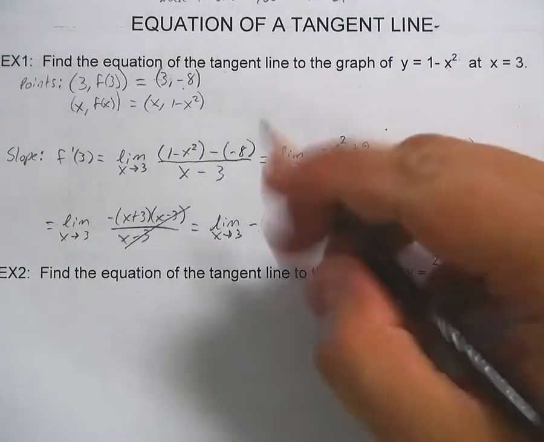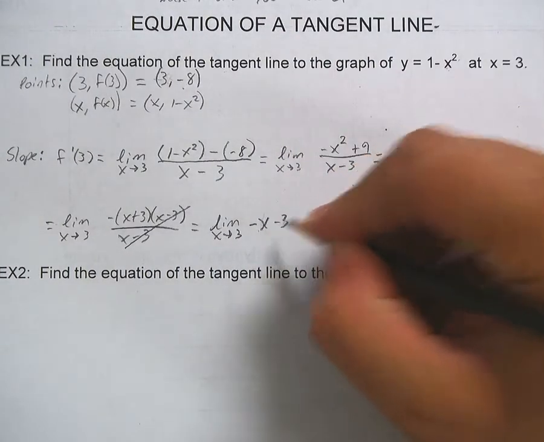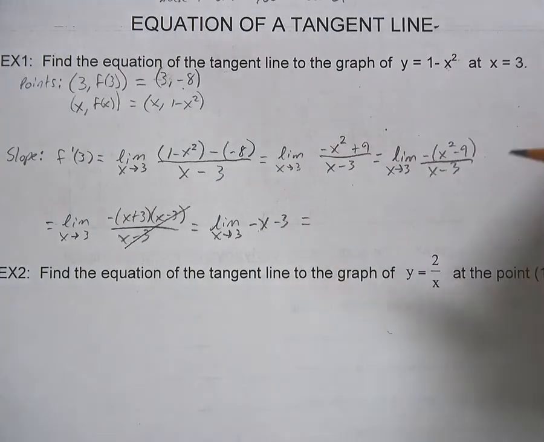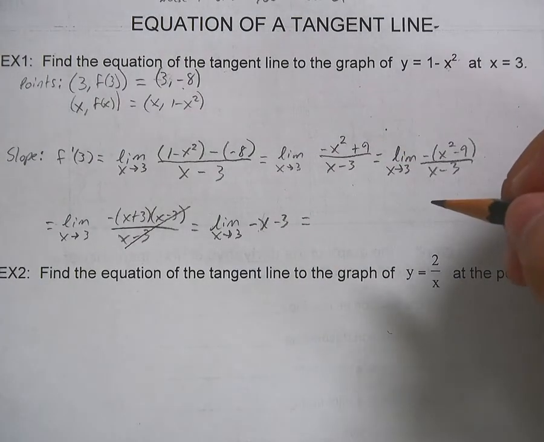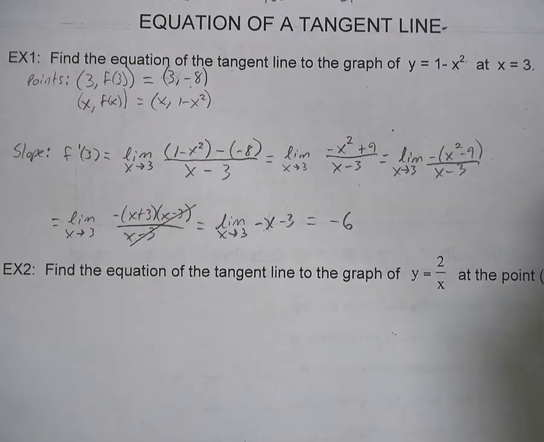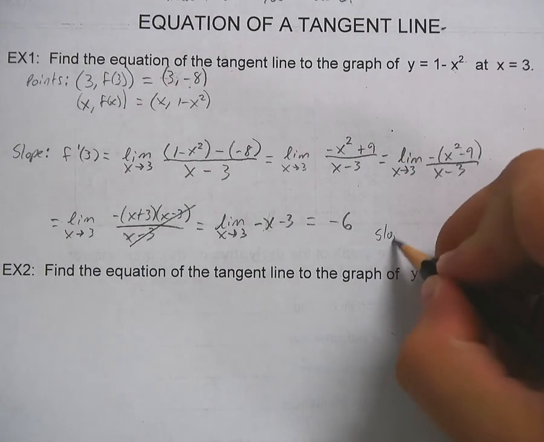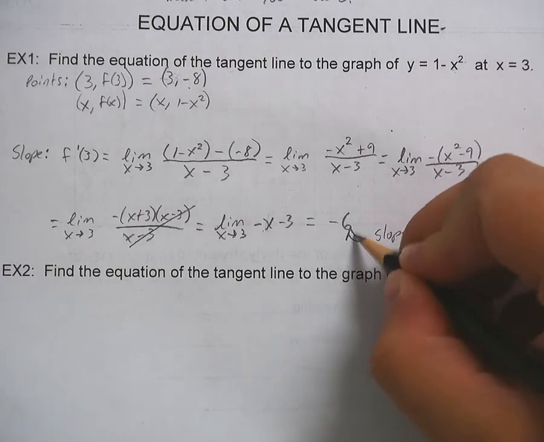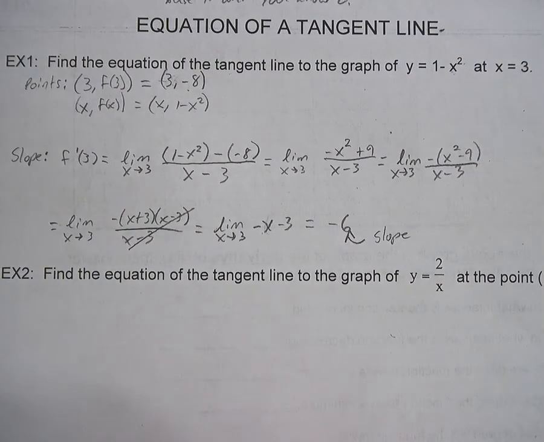Negative x minus 3. Plug in a 3 in there and you have negative 3 minus 3, negative 6. Remember that this is your slope. Bam! Negative 6 is your slope.